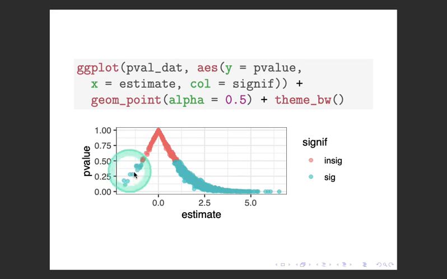On this side, we have type S errors because the sign is also wrong, but then again, these are statistically significant. So we would actually have more credible faith in these estimates than in these. But if you compare an estimate here and here, this is insignificant, this is significant, but actually this is closer to the true value.